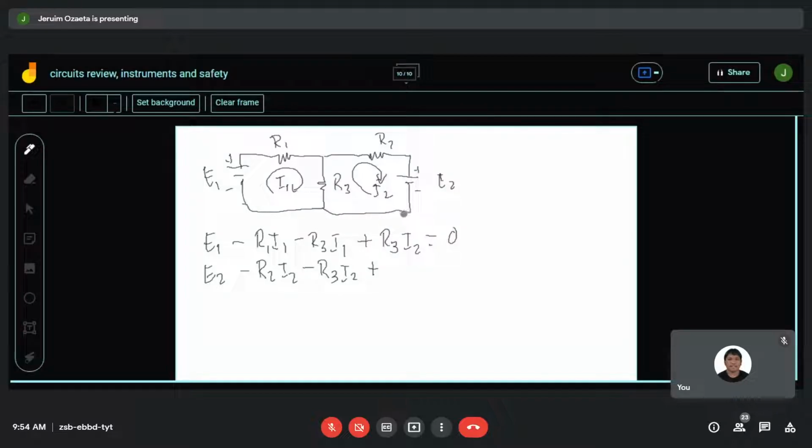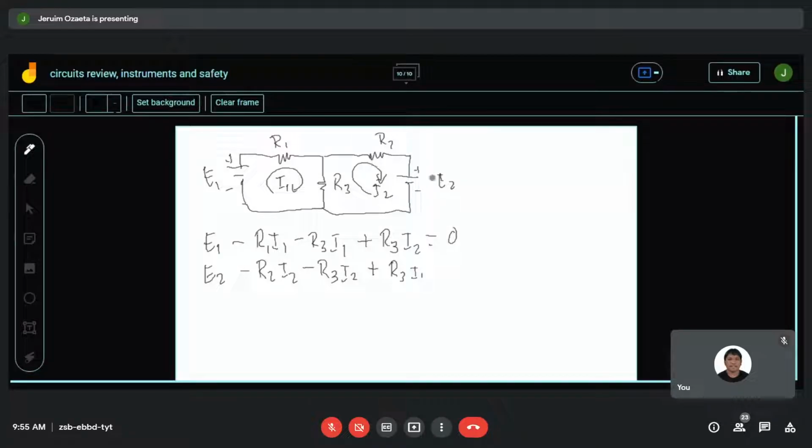Because our direction of analysis of the current is opposite of the current that is present from the external source. So you have plus R sub 3 I sub 1.